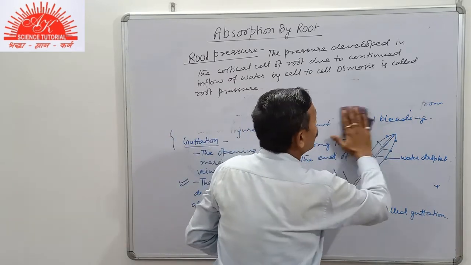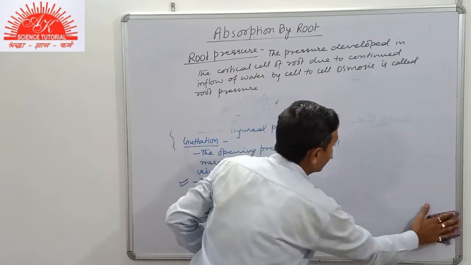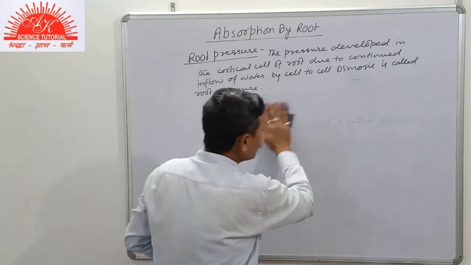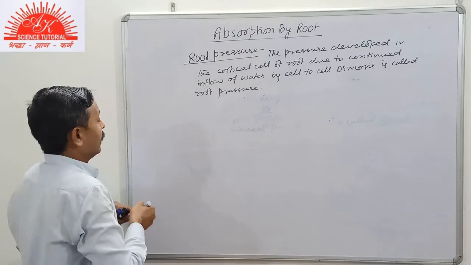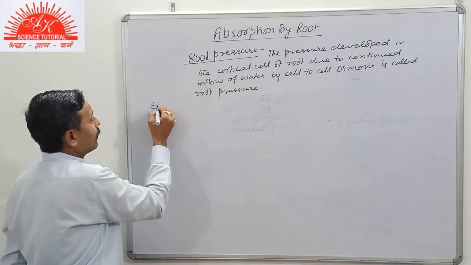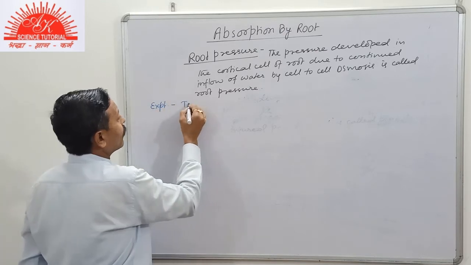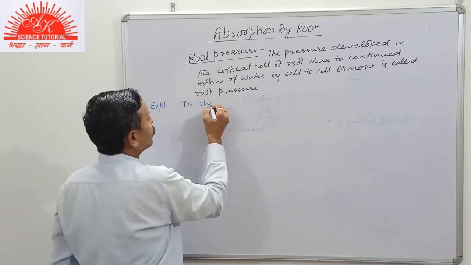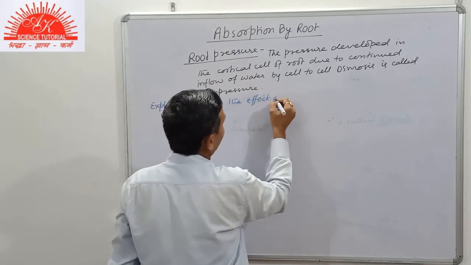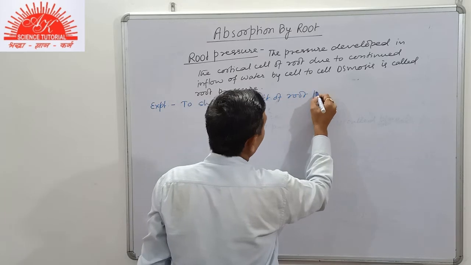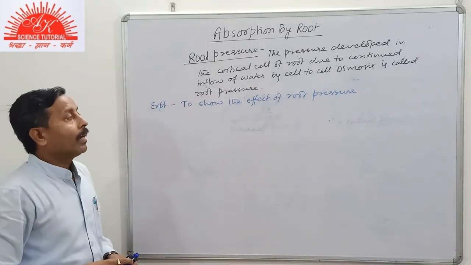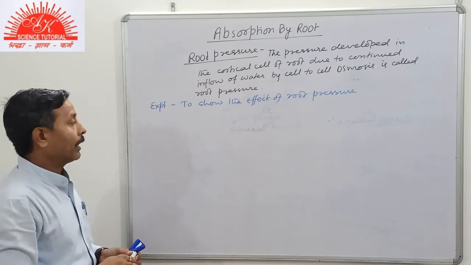To demonstrate this, we have an experiment to demonstrate the phenomenon of root pressure, to show the effect of root pressure, that is, it helps in the ascent of sap.